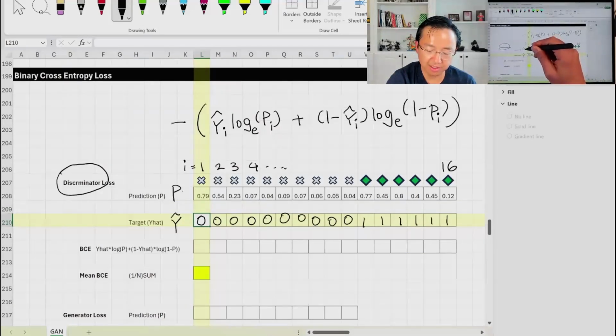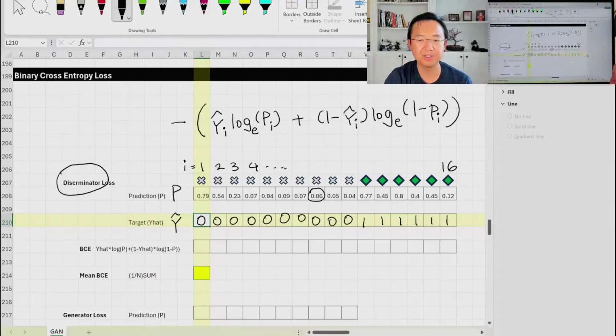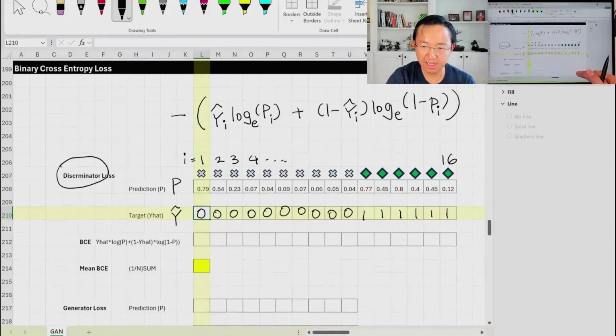Currently the network is saying 0.79. Is it good? Is it bad? It's bad, right? But here it's saying 0.06. Not too bad. 0.79 is bad; 0.06 is not too bad for these two data points.